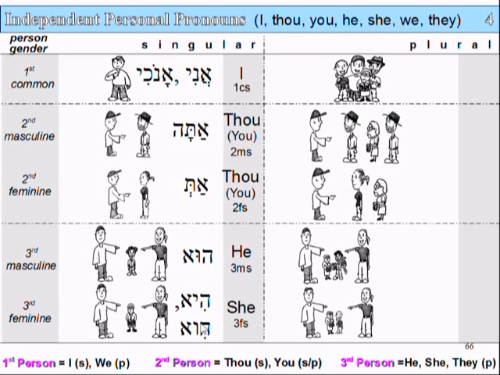Now, in the first 5 books of Moses, or Genesis, Exodus, Leviticus, Numbers, and Deuteronomy, the word for she is spelt with a vav. So it looks very similar to the word for he, which is the word hu.